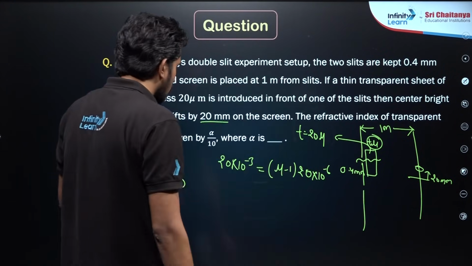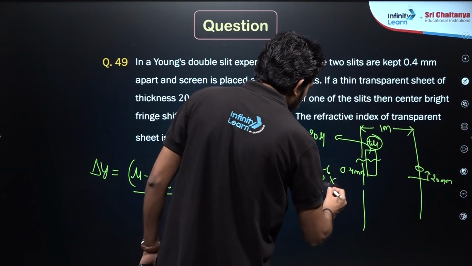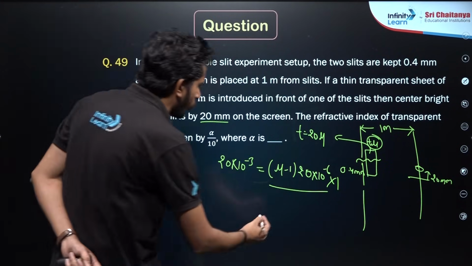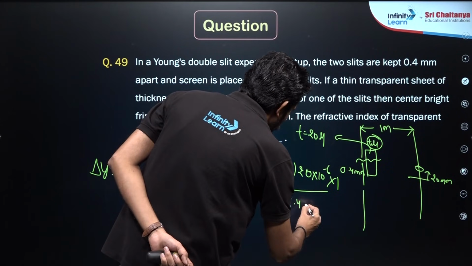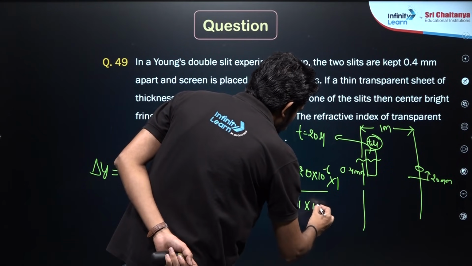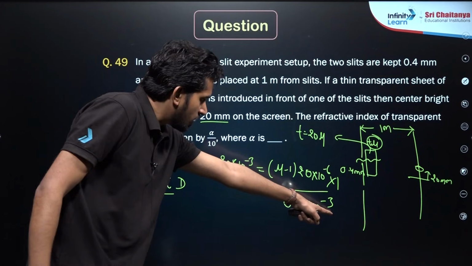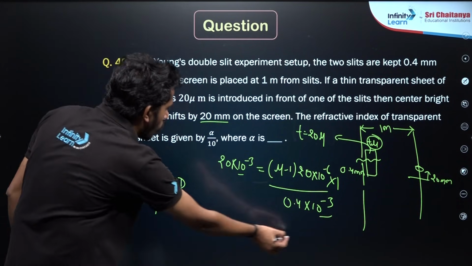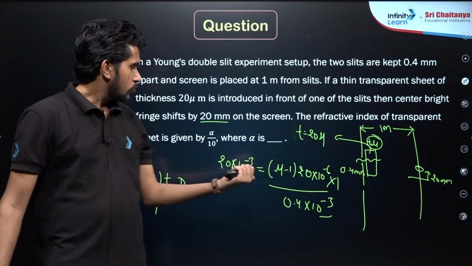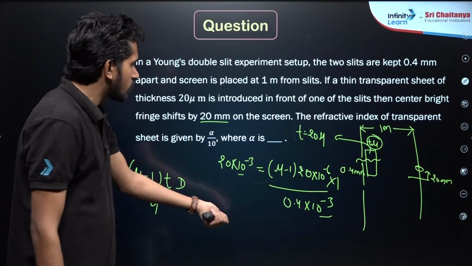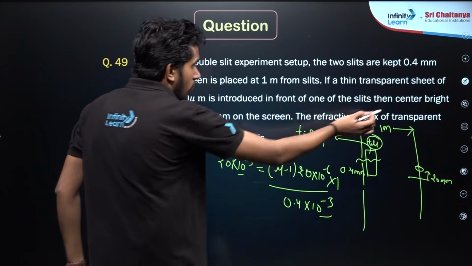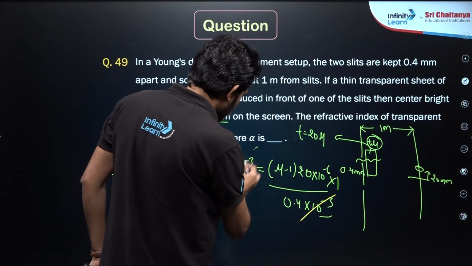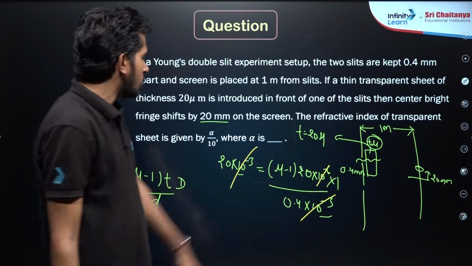D is 1 meter, the separation. And small d is 0.4 millimeter, which means 10 raised to minus 3. It will go in the numerator, so that will become 10 raised to minus 6. So you can cancel out 10 raised to minus 6 with 10 raised to minus 6.